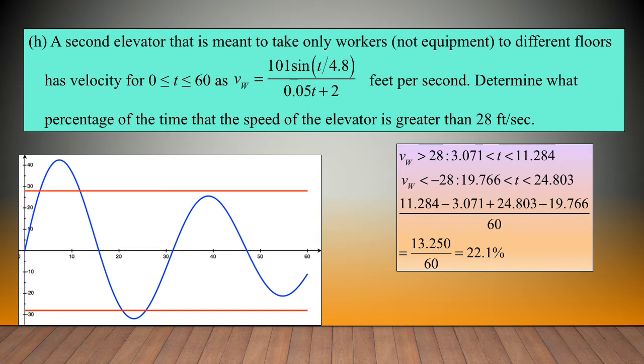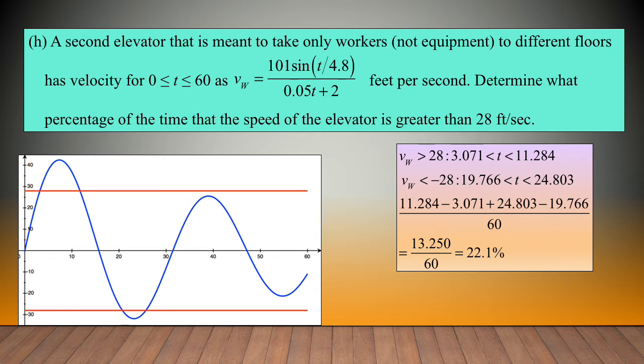24.803. So to find the percentage of time, we look at the time intervals and we calculate 11.284 minus 3.071 plus 24.803 minus 19.766 and divide it all by 60.